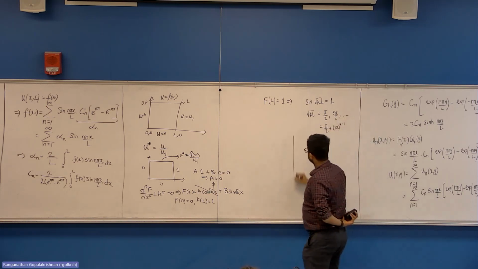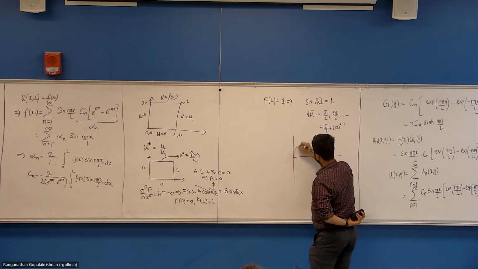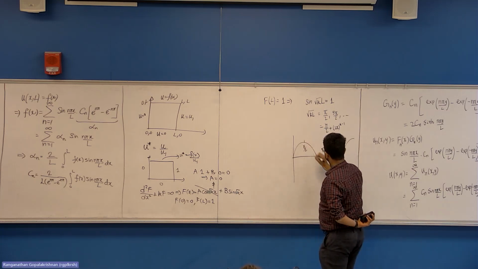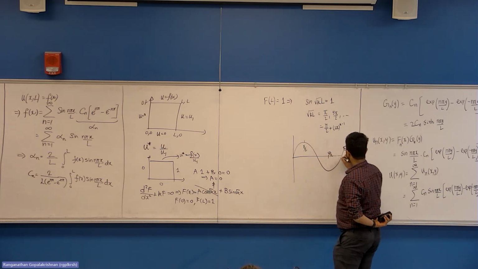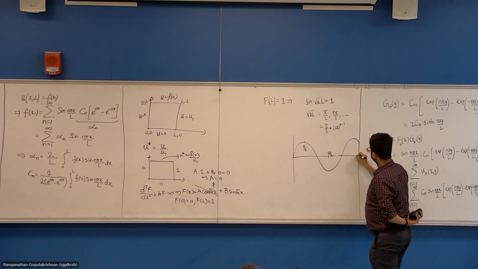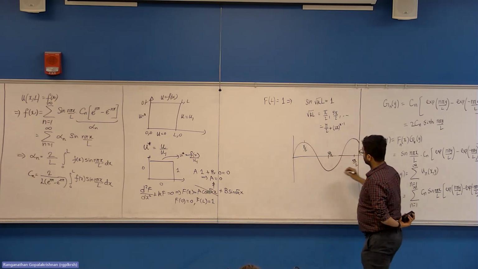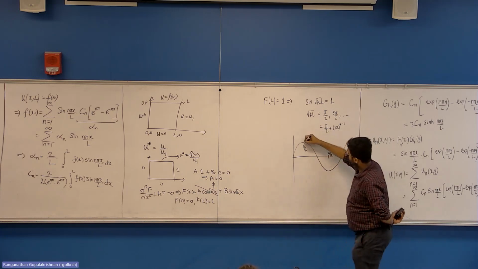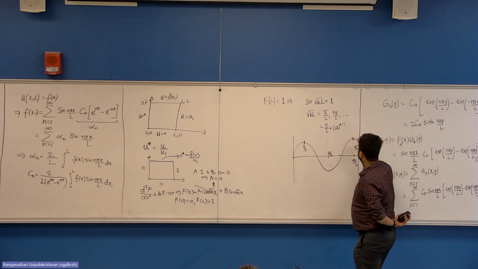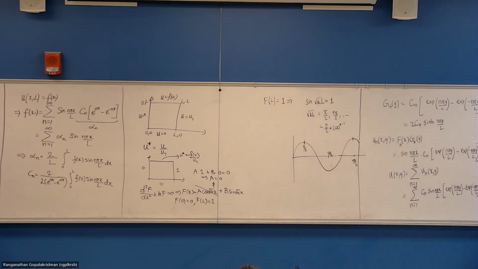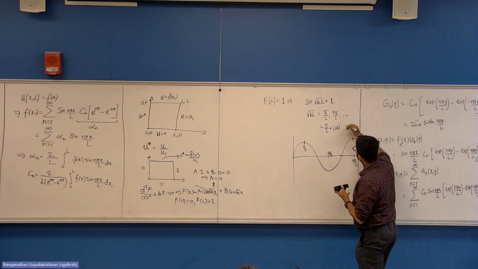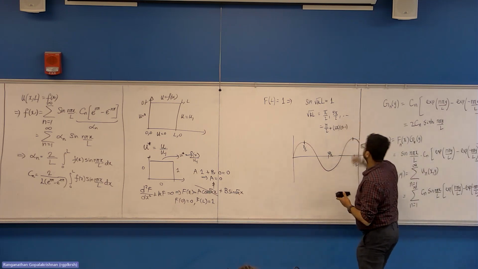So this is essentially the sine curve. So you have your pi by 2 here, your 3 pi by 2, and then you have your 5 pi by 2. This is like drawing a line through here. The function takes these values only.